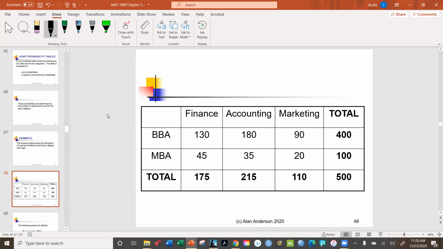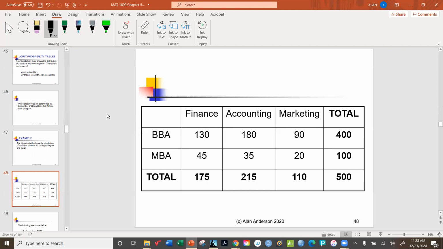This number over here tells me there's a total of 400 students working on their bachelor's degrees. This tells me there's 100 people getting an MBA. There's 175 finance majors from both the college level and the graduate level, 215 total accounting majors, 110 marketing majors, altogether 500 students at this business school.